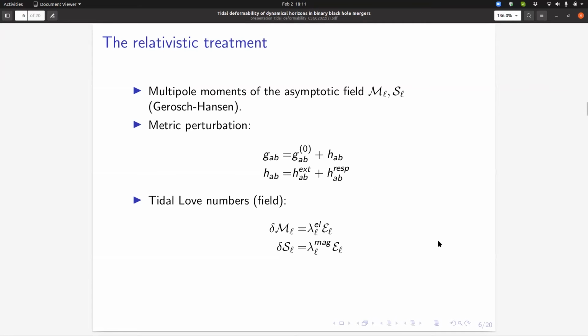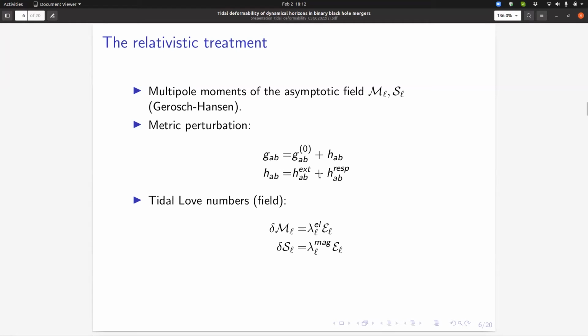In the relativistic treatment, however, especially in the context of black holes, there are two deformations that appear. One is called the mass multipolar deformation, and the other the current multipolar deformation or spin multipolar deformation. It is convenient to use the multipole moments of the gravitational field far away from the system, called the Geroch-Hansen multipole moments, and decompose the metric into a background and a perturbative part.